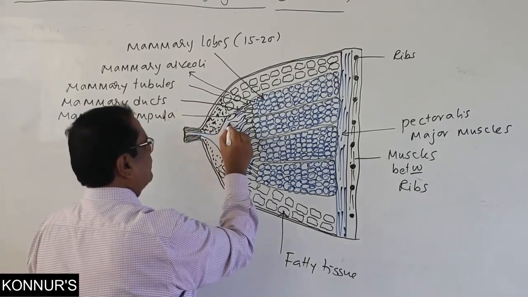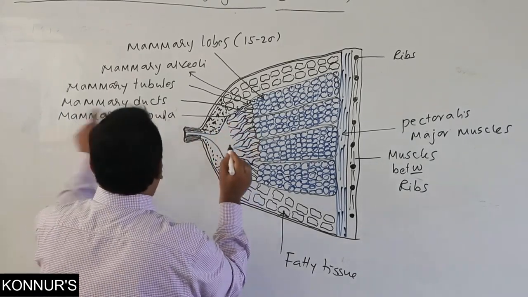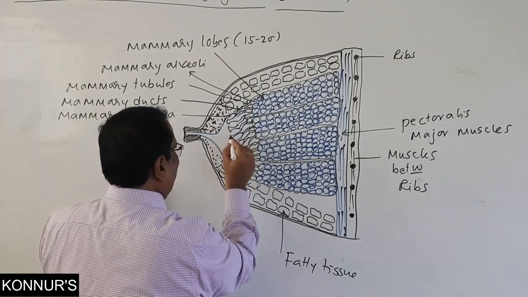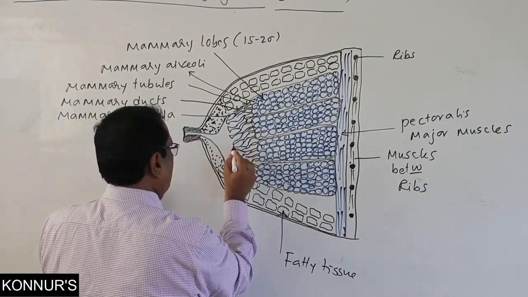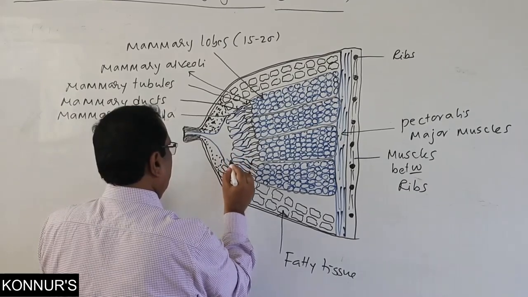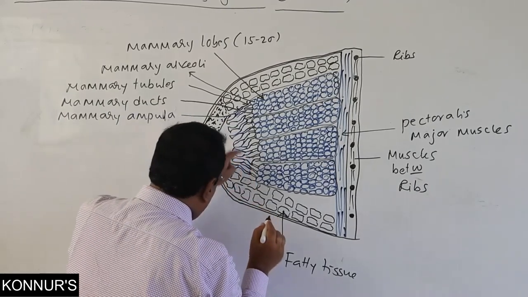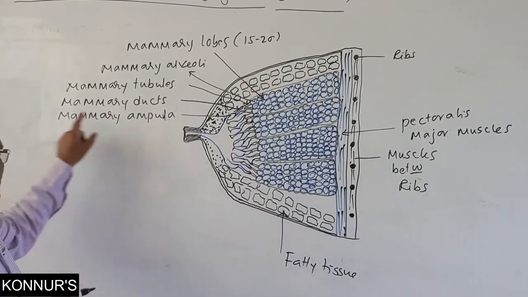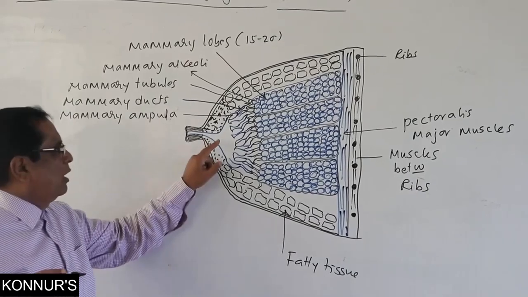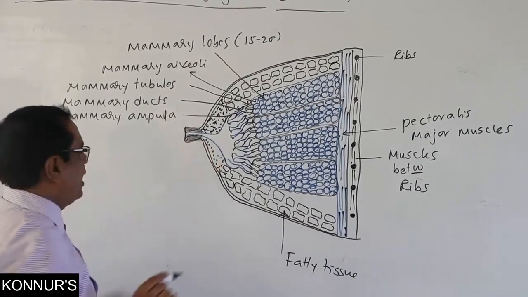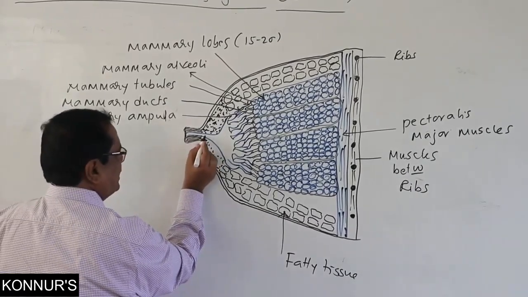All the mammary ducts get enlarged. These enlarged structures are named mammary ampulla. And all the mammary ampulla together join, forming a common duct.